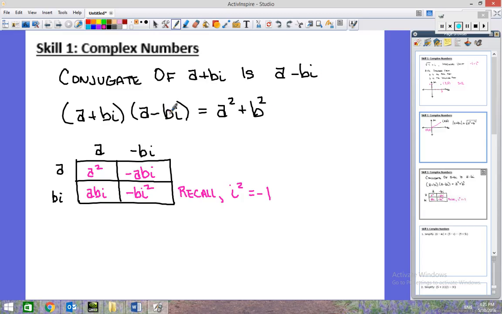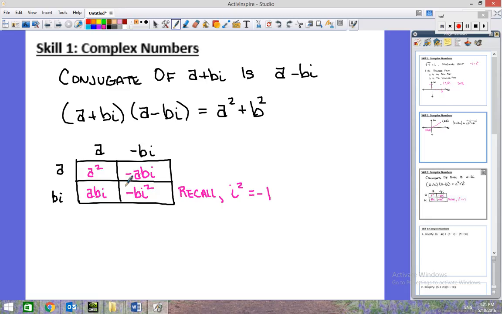When you are multiplying complex numbers together and it's a conjugate, you don't necessarily have to create a table. Suppose we did create a table, with a plus bi and a minus bi. A times a was a squared. Notice that a times negative bi is negative abi, and a times bi is positive abi.